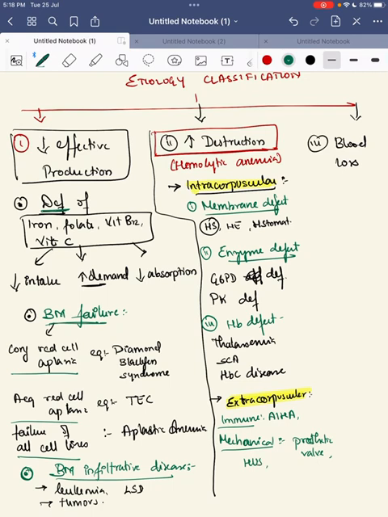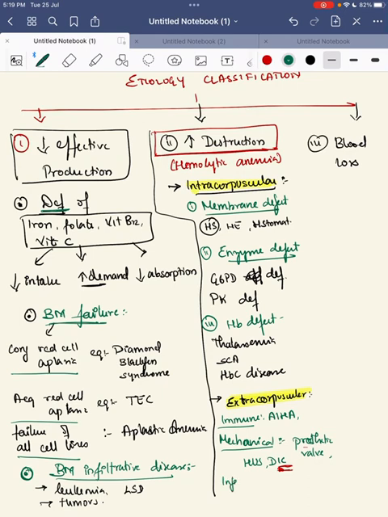Mechanical is, for example, when the blood vessel is defective, or when there is an injury in the blood vessel that is leading on to a thrombosis formation. So while the RBC is penetrating through such a blood vessel, the RBC will get broken up. So that can lead to this anemia. So prosthetic valve, HUS, or disseminated intravascular coagulation, that is DIC.